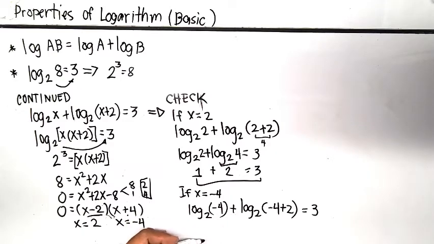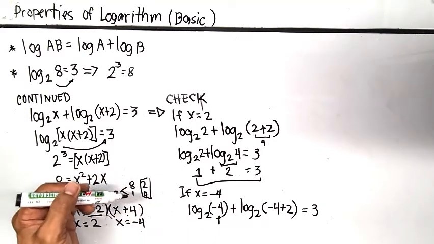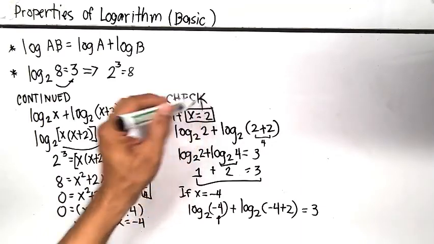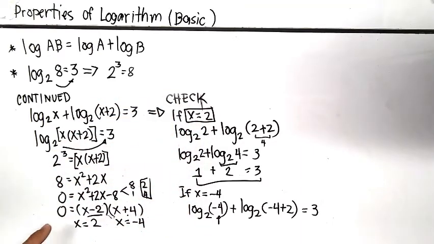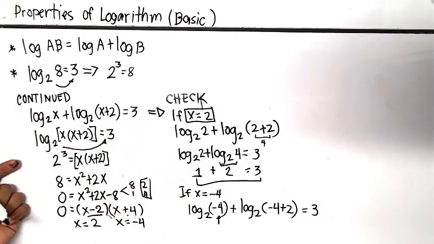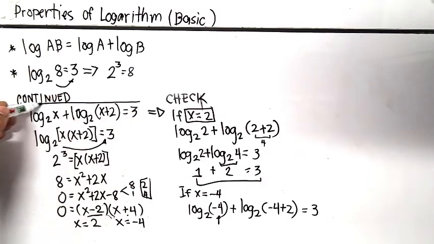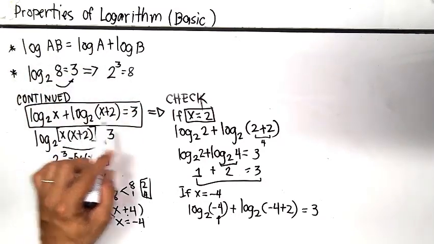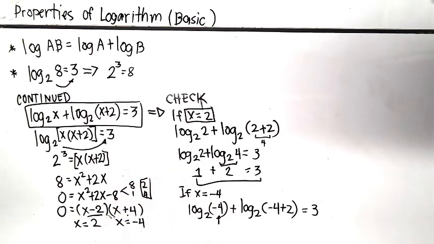So this is a restriction. We'll discuss more about that in the other video. So the only possible value of x is x equals 2. So here the solution will be x equals 2.